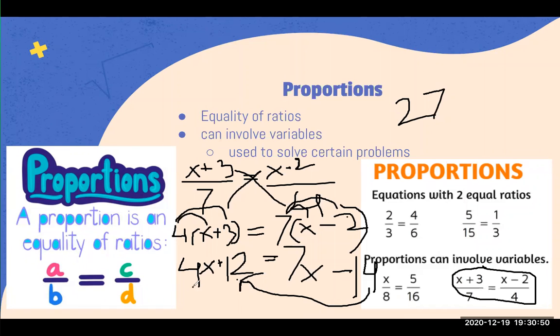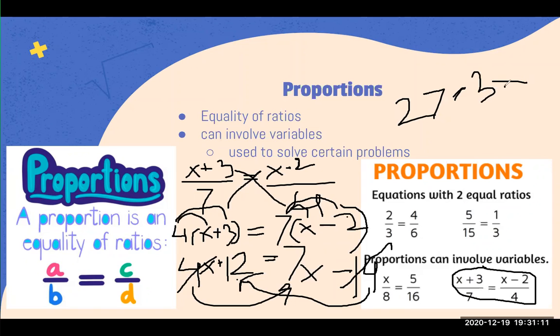And we can take 4x to the other side by subtracting 4x on both sides. So that cancels 4x on here, and it moves 4x over here. So basically you have 27 equals 7x minus 4x, which is basically 3x.